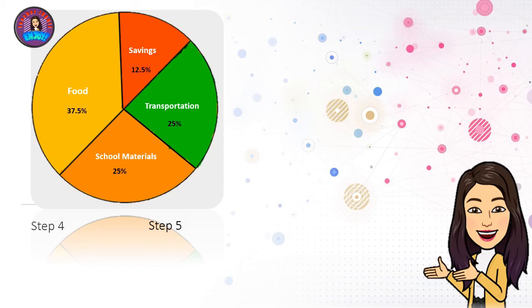A point to remember, class, is when you construct a pie graph, you start from the least to greatest. Just like this. We start from 12.5%, 25%, another 25%, to 37.5%.